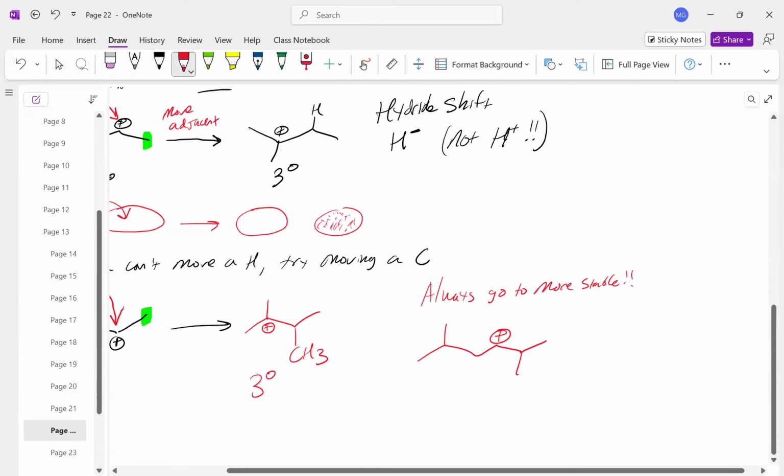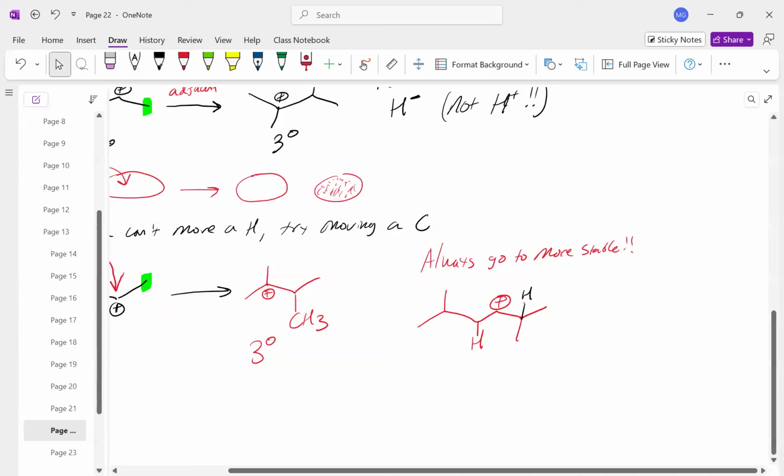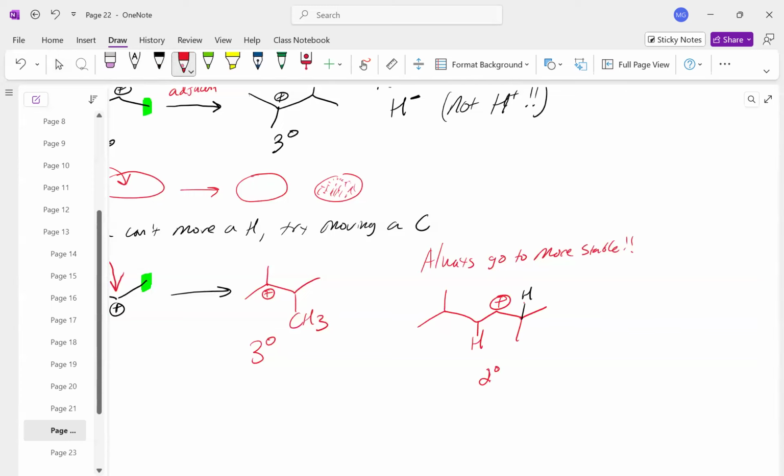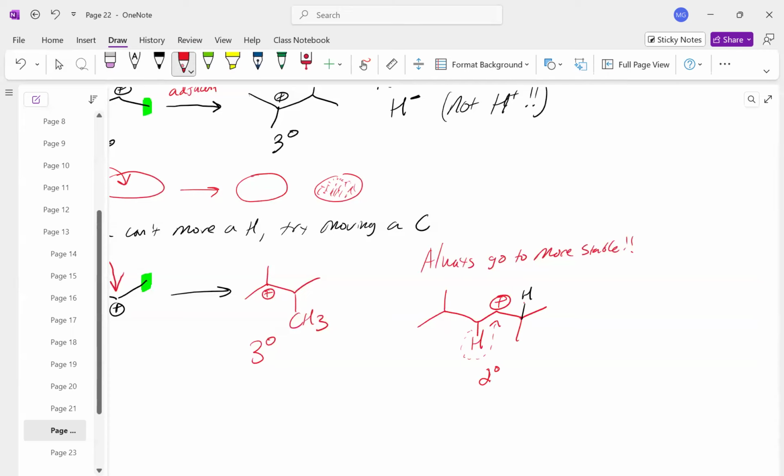Well, what are my options here? I look adjacent one direction, and I look adjacent in the other direction. Notice I have two hydrogens there. This carbocation is starting off secondary. If I were to do this, which is a valid arrow, would that become more stable?